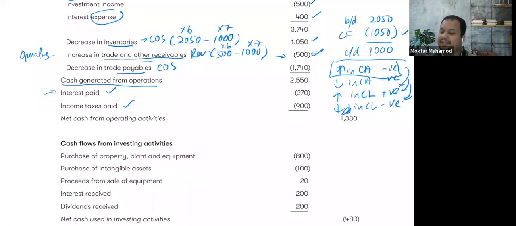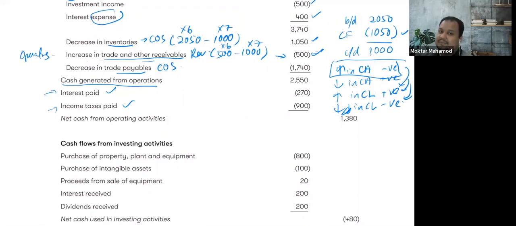So income tax paid, normally government will tax company based on its operating income. Kan dia ada profit, walaupun dia start dengan profit before tax, so dia akan buat adjustment, yeah, which is not related to operating. Sometimes they exclude, they give exemption, for example. So masih lagi related to the operating activities.